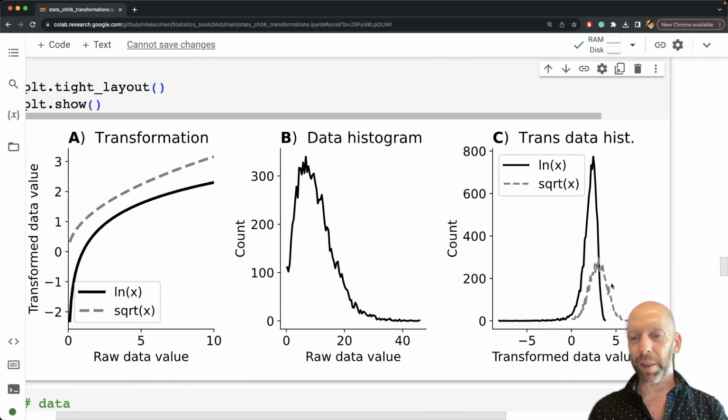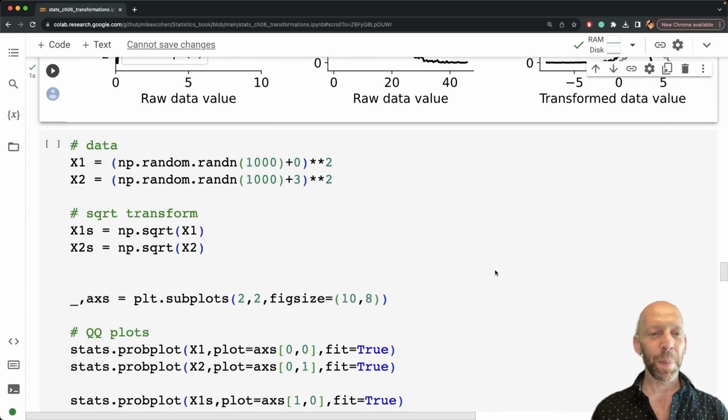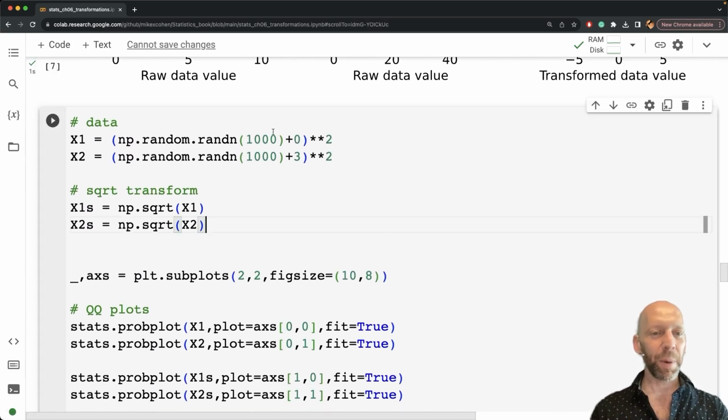And now when we look at these two distributions, the log still looks reasonable. I think this distribution is slightly more normal looking than this, but it's pretty clear that the square root transformation is way better. This really looks like a shifted normal distribution. So that looks great.